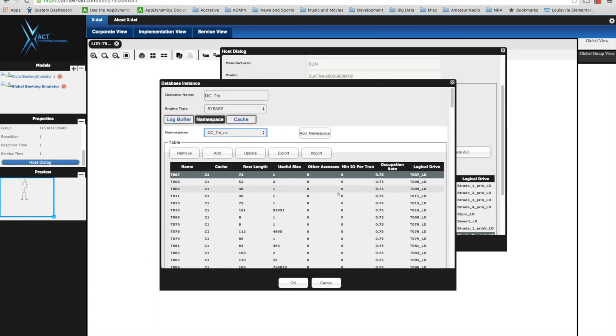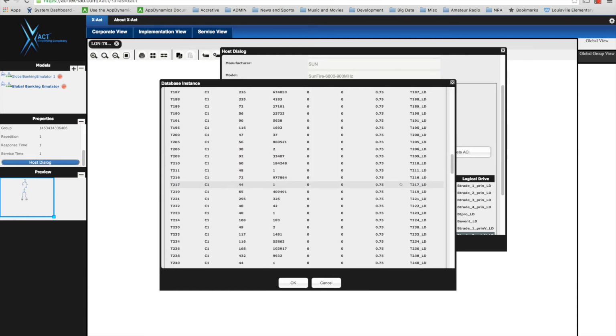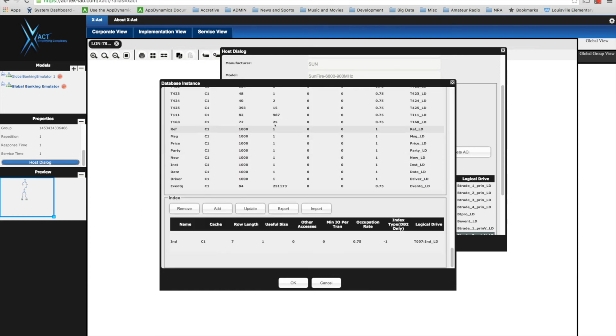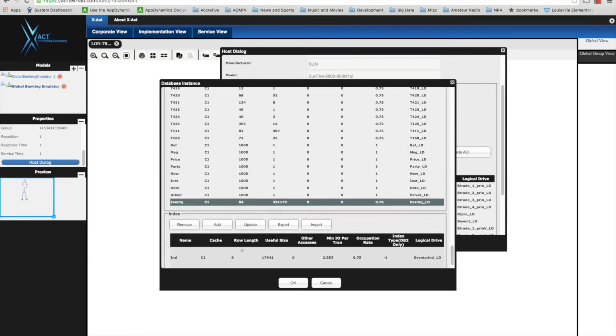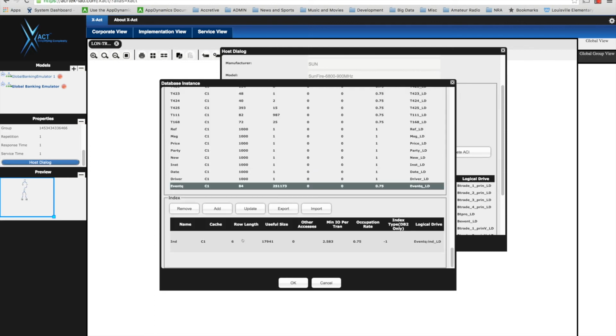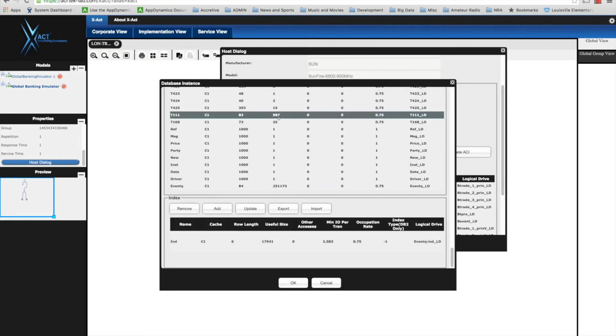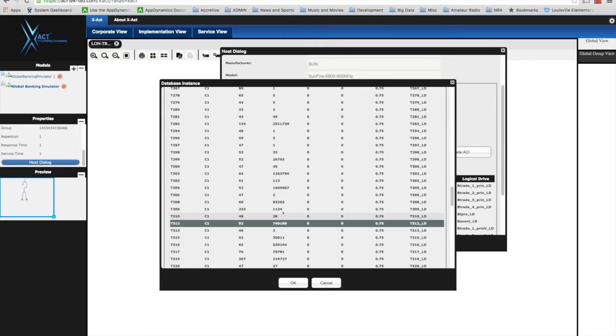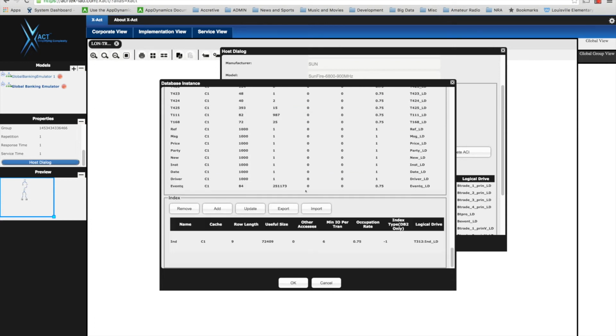You can see the cache, the row length, the useful size, all this information that is provided. If I select a particular table, you can see the index that's associated with that table. See them listed there below.